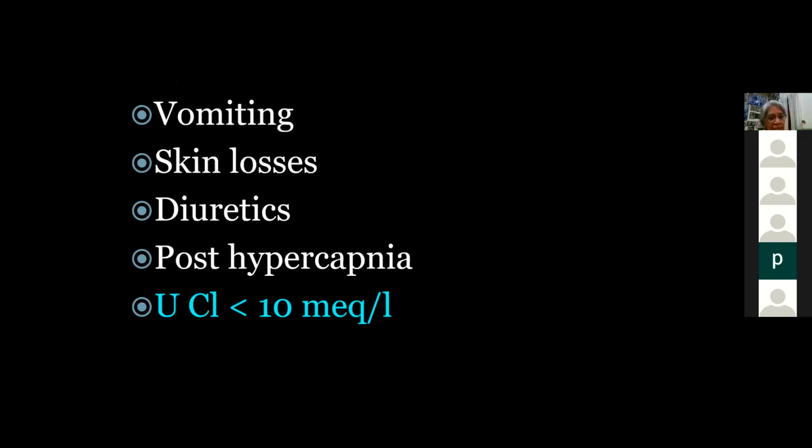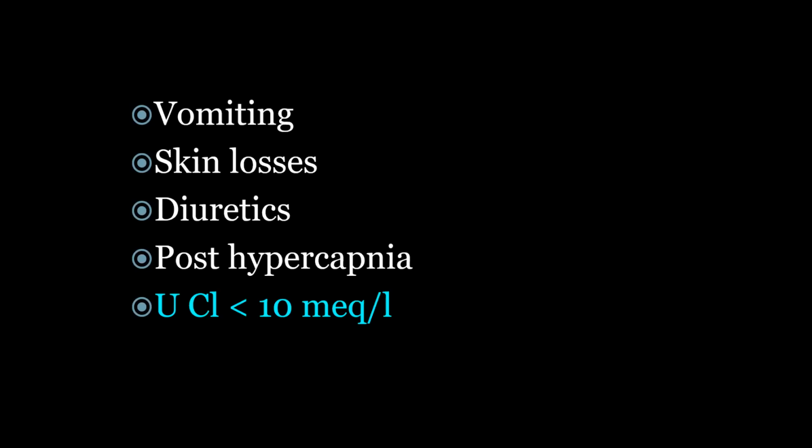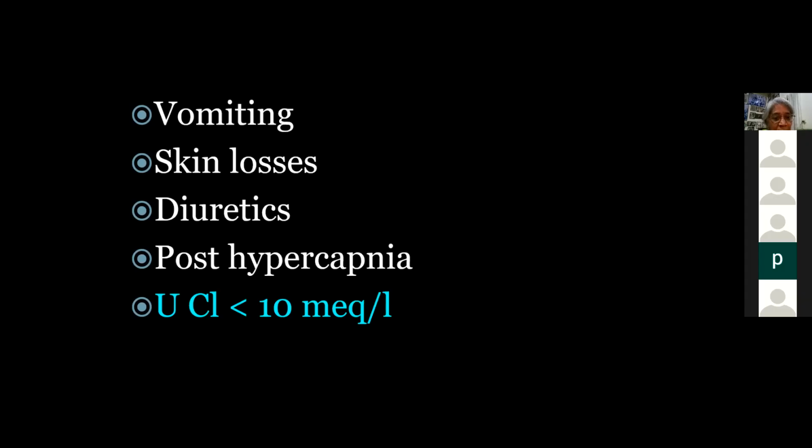And common causes are vomiting, but you also need to remember sometimes you would get skin losses like in cystic fibrosis. You don't get it in normal skin losses, but cystic fibrosis children have high chloride losses through the skin. So they may get a metabolic alkalosis without vomiting and without polyuria. Prior use of diuretics: if somebody is given diuretics for some reason and now it's stopped, it may still leave behind metabolic alkalosis and a low urine chloride.